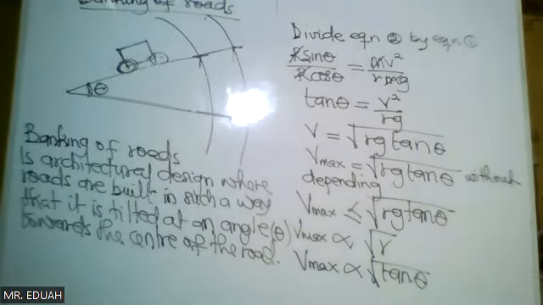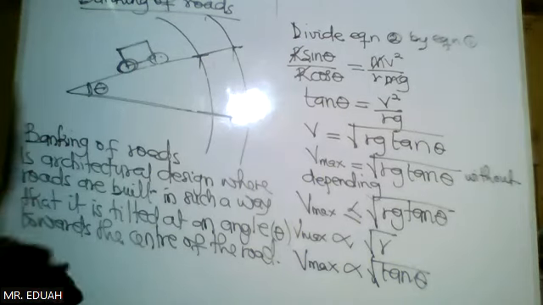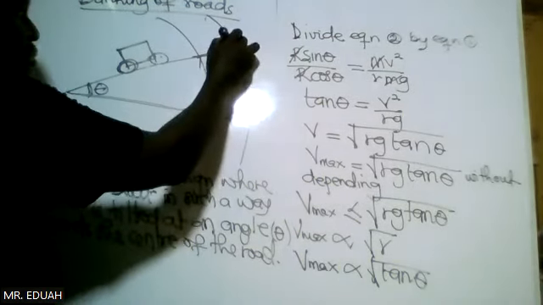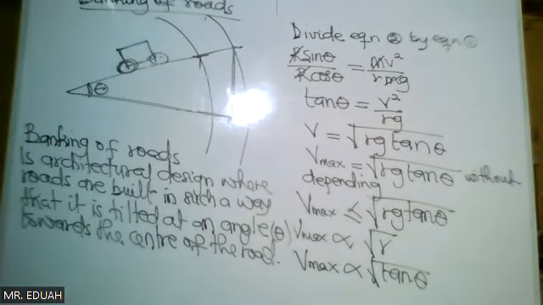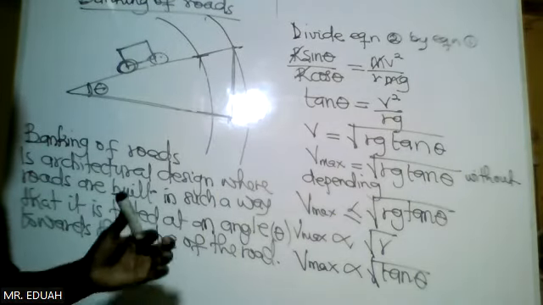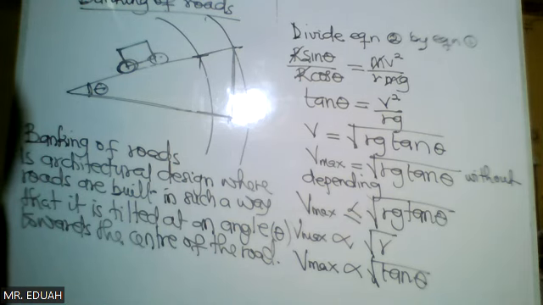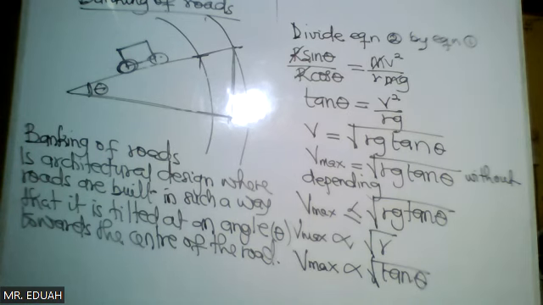I don't know if you have seen banked roads before. Have you seen an area on a road network where the road is built in such a way that it is tilted at an angle towards the center?